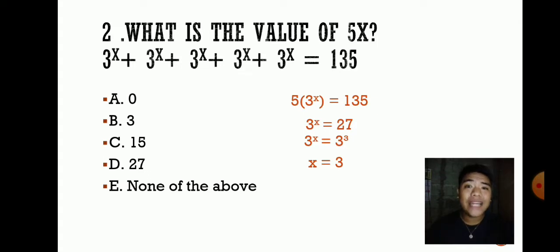But we're not after the value of x, we're going to find the value when x is multiplied by 5. So when the value of x is 3, multiplied by 5, that is equal to 15. And 15 is letter C, and that would be our final answer.